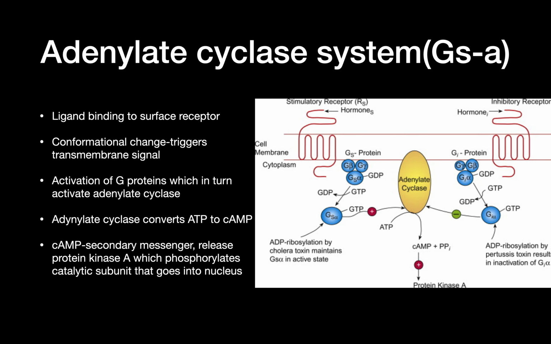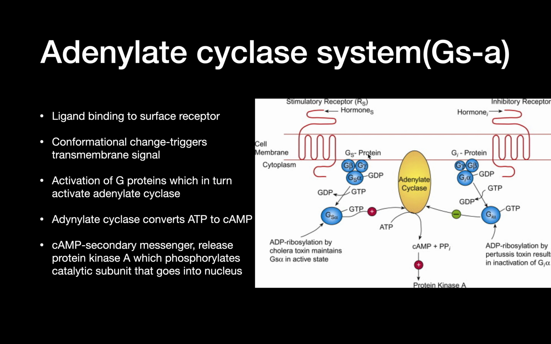The adenylate cyclase system is the G alpha S system, and that is when a ligand binds to the surface receptor and induces a conformational change, which will trigger the transmembrane signal. Once bound, the activation of the G proteins will activate adenylate cyclase.